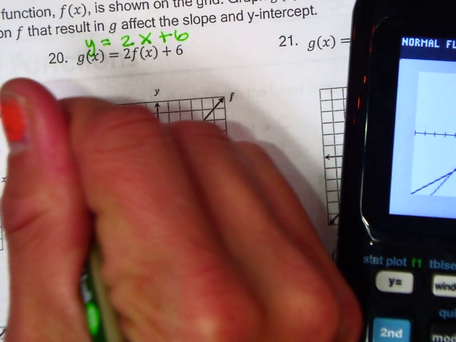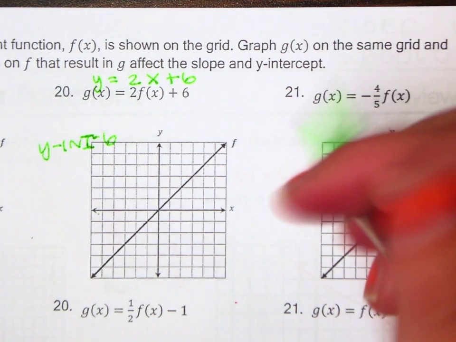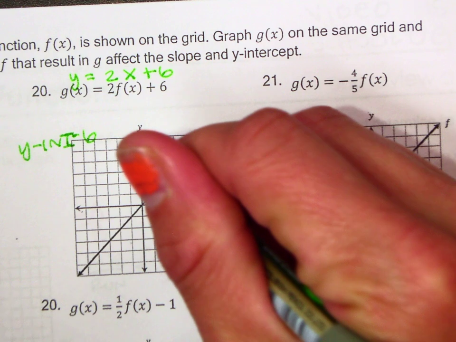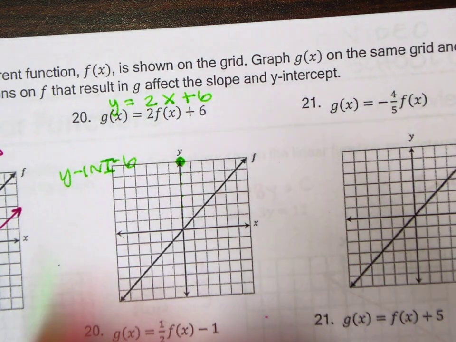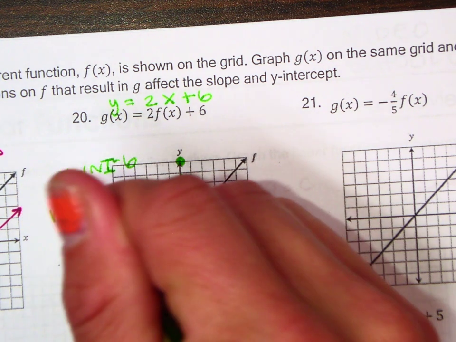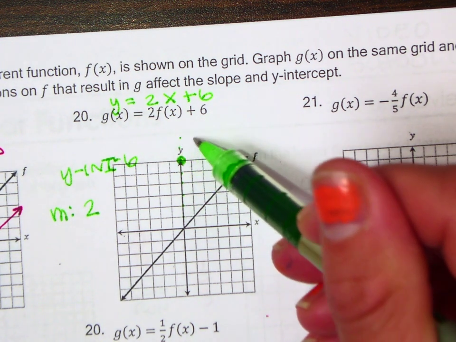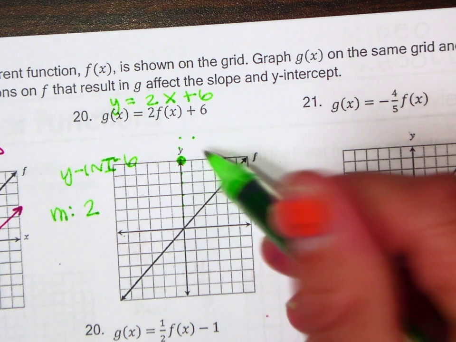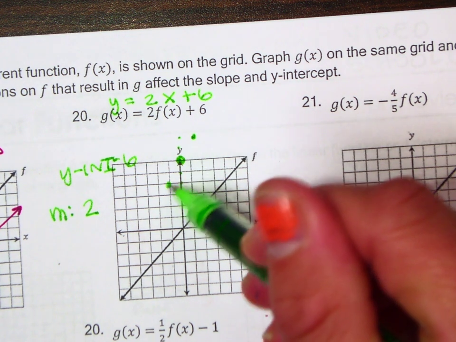So your y-intercept is going to be at 6. So I'm going to count up 1, 2, 3, 4, 5, 6. And my slope is 2. Now remember, if you go off the graph, because you go up 2 over 1, right, so your other point is going to be somewhere around here, just go the other way, down 2 and left.